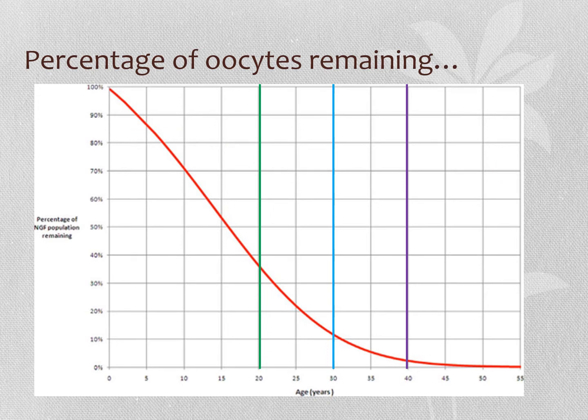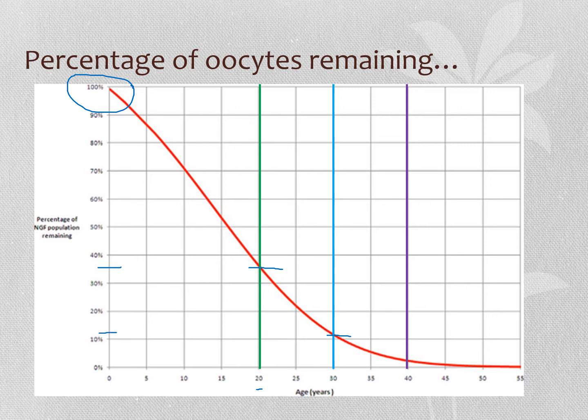This is what that looks like, kind of looking at the total percentage of oocytes. So here's when you're born, you have 100% of your oocytes, and that quickly decreases. So here's age 20, right? At age 20, you're down to less than half of what you started with. Here's age 30, right?